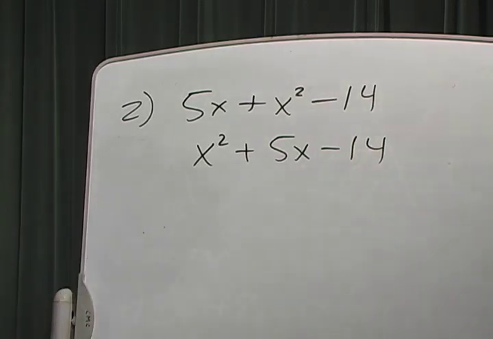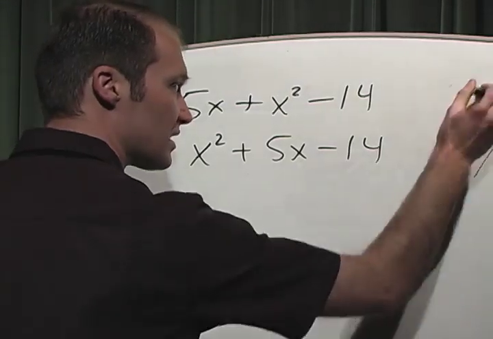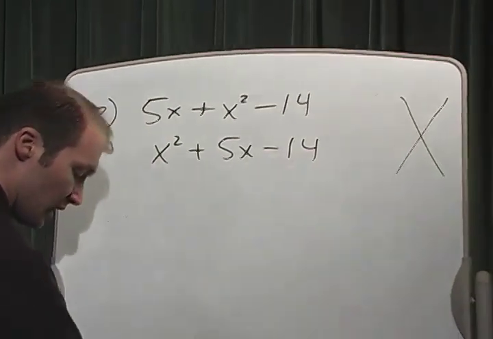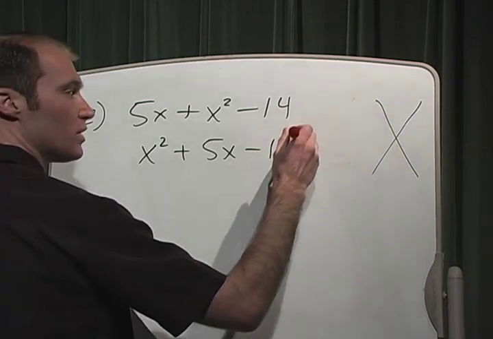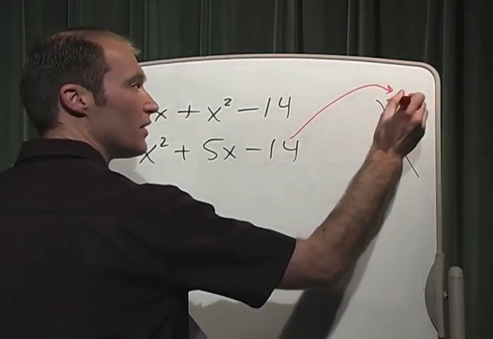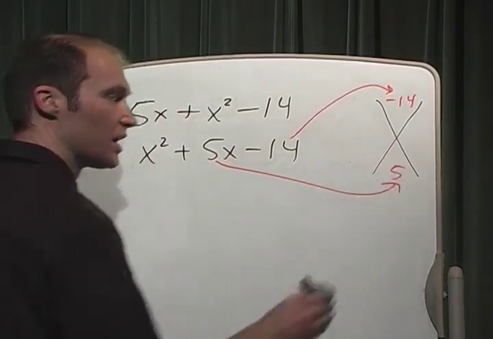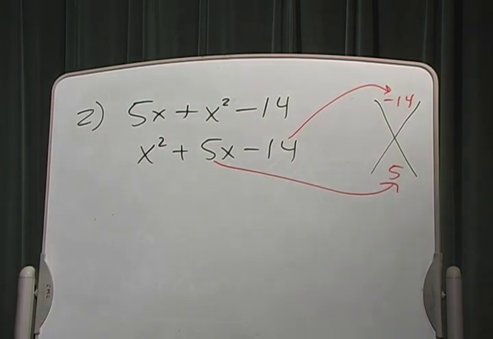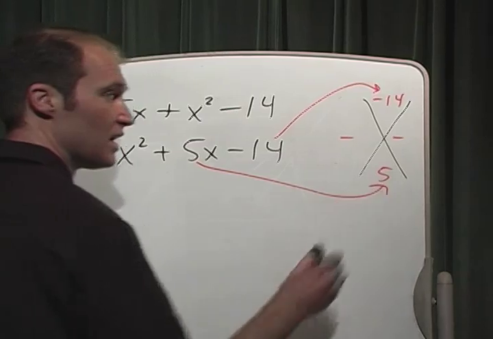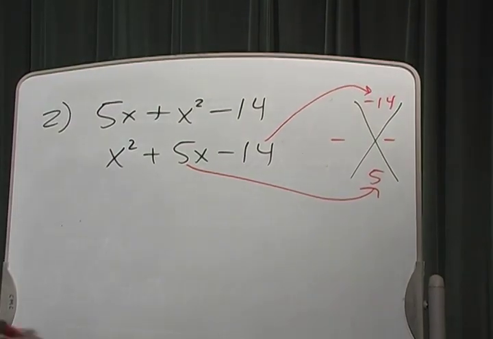And now that I have this, I'm going to draw my x, and I'm going to take the negative 14, and that's what goes on the top, and then the 5, and that's what goes on the bottom. I'm looking for two numbers that multiply to negative 14 and add to positive 5.